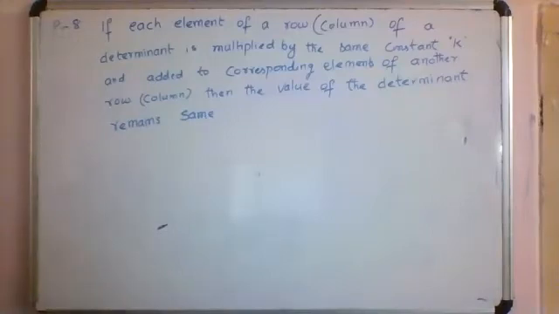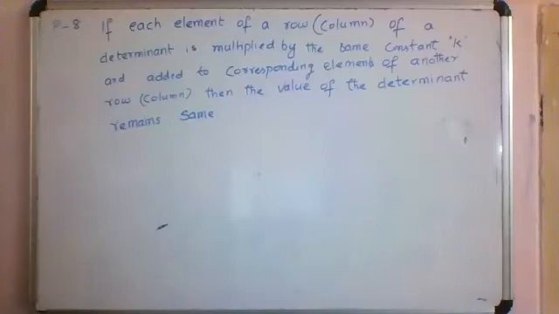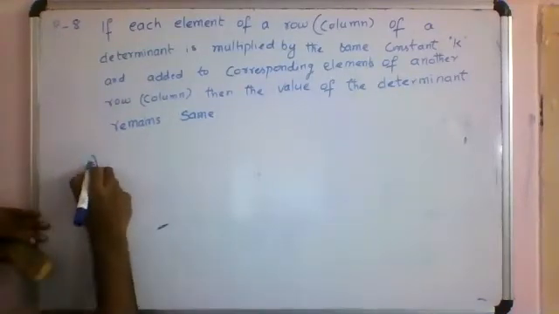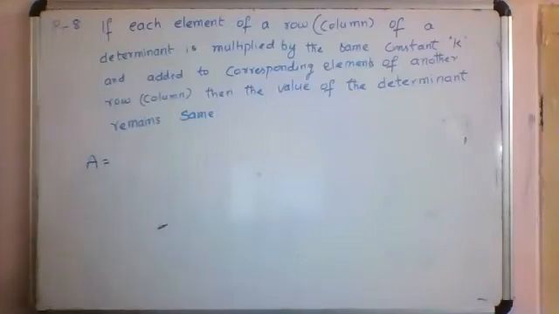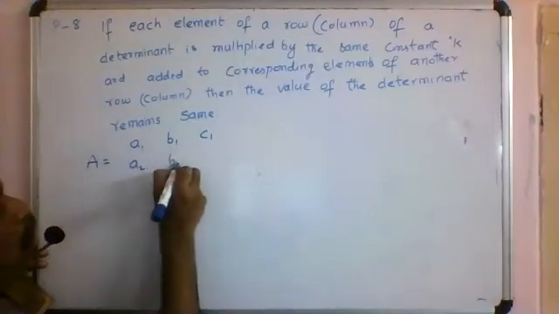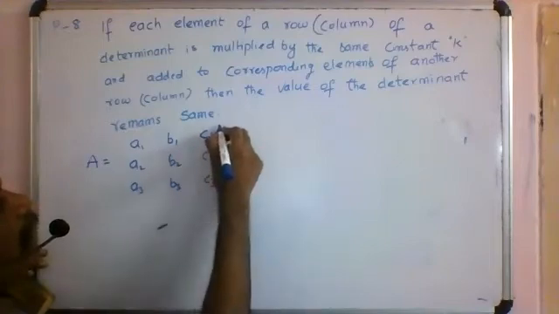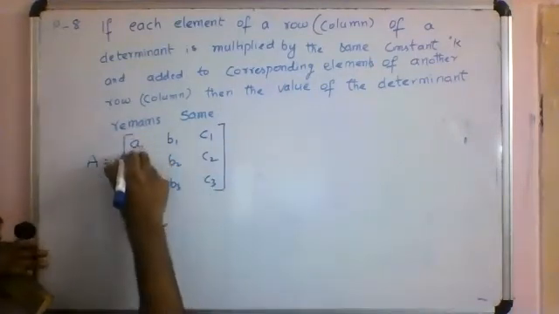Let us understand this property now. Again, if each element of a row or column of a determinant is multiplied by the same constant k and added to corresponding elements of another row, suppose I take A as the original matrix: A1, B1, C1, A2, B2, C2, A3, B3, C3.